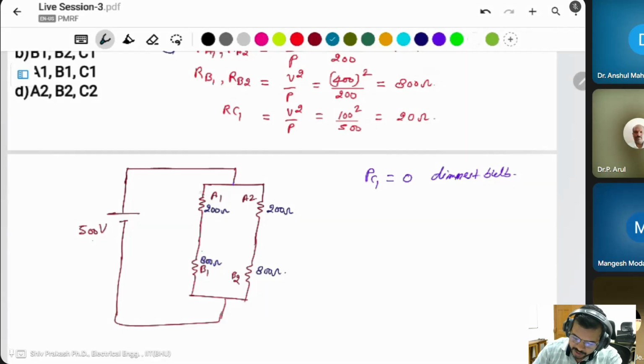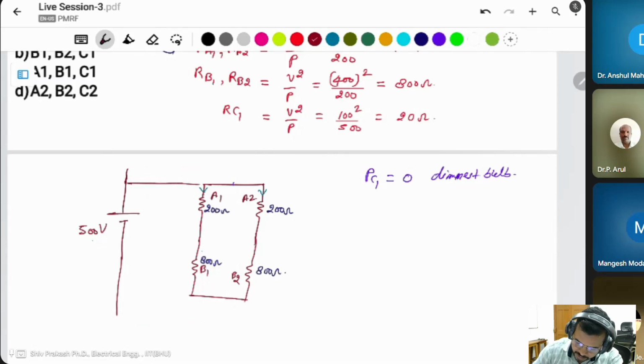And what is the current? What is this current and this current? Both are connected in parallel to the voltage source. Same thing you can write like that also.